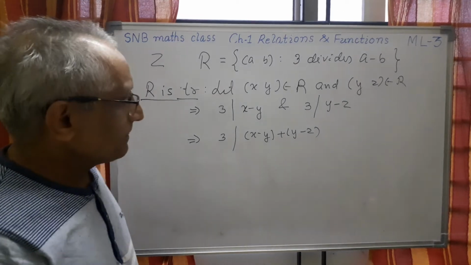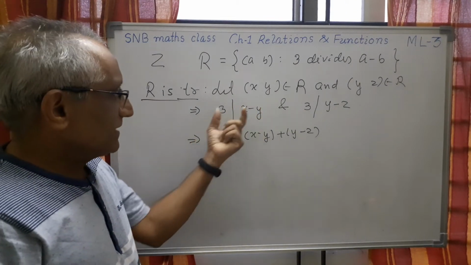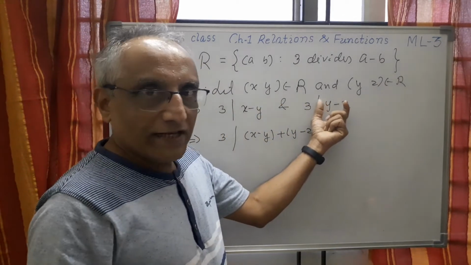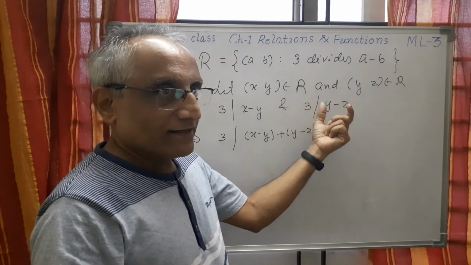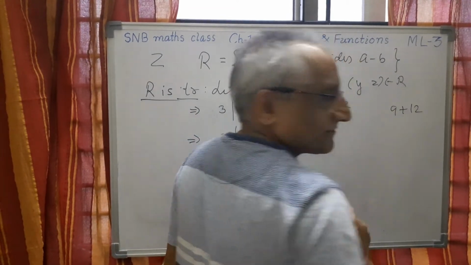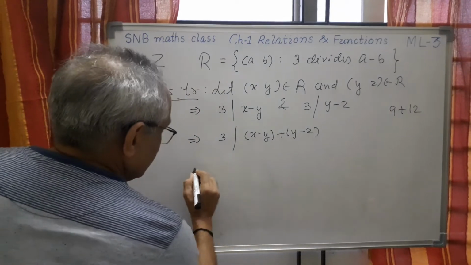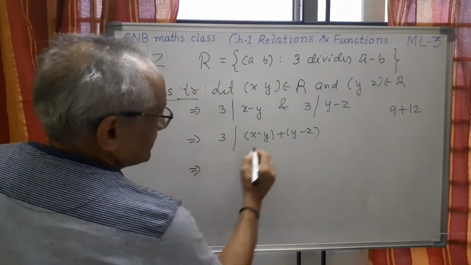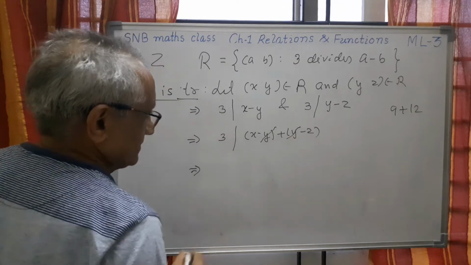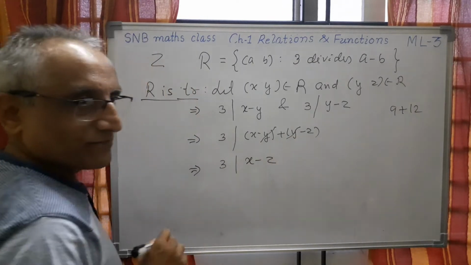This implies 3 divides (x minus y) plus (y minus z) also. For example, suppose this is 9. 3 divides 9. Suppose this is 12. So 3 divides 12. Then 3 divides 9 plus 12 also. You can check. So this implies y and y cancel, and 3 divides x minus z also.